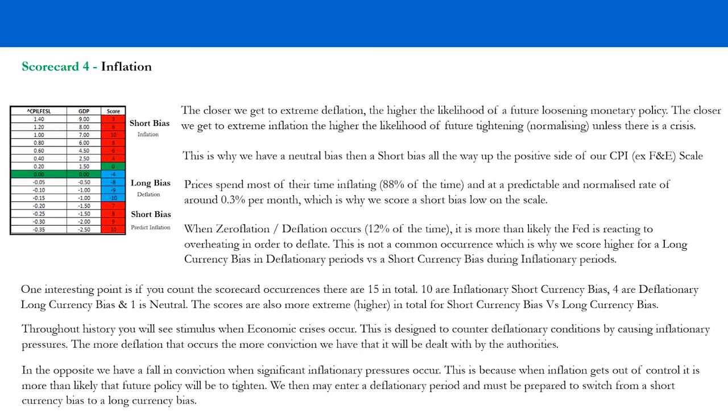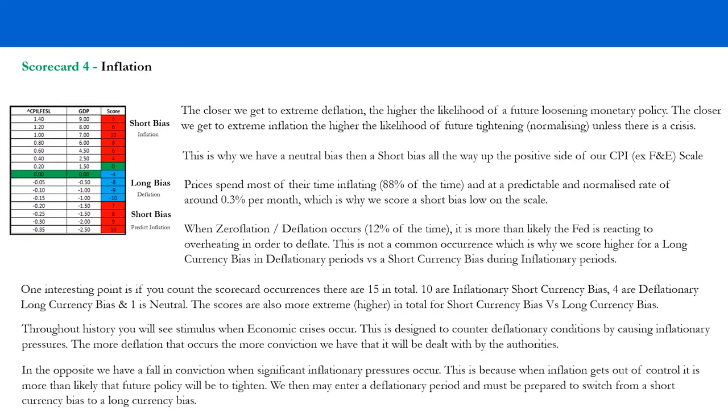This is why we basically have a neutral bias, then a short bias all the way up the positive side of the CPI X food and energy scale. Because prices spend most of their time inflating, 88% of the time, at a predictable and very normal rate of around 0.3% per month, which is why we score a short bias very low on the scale.